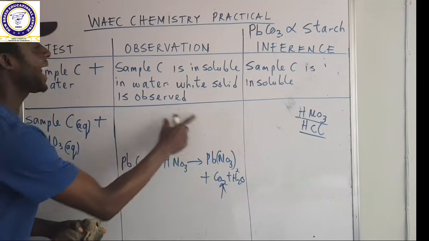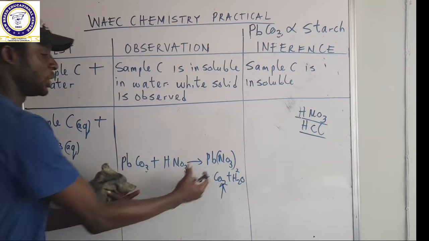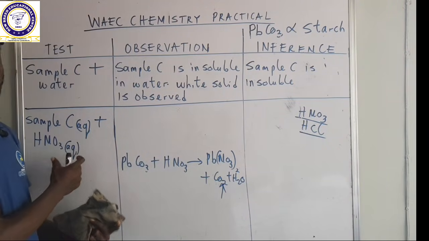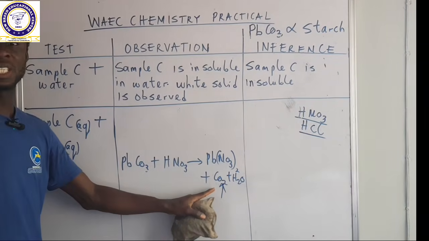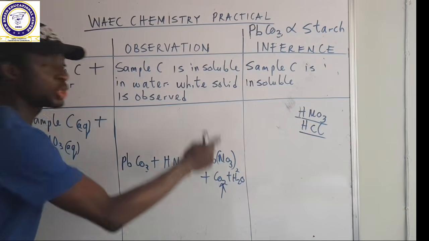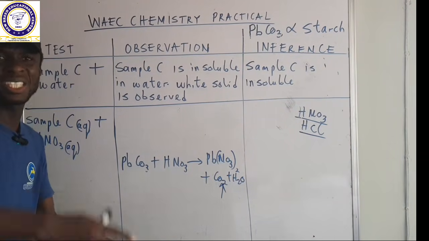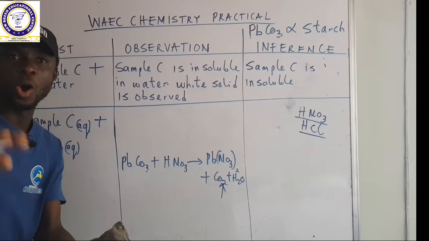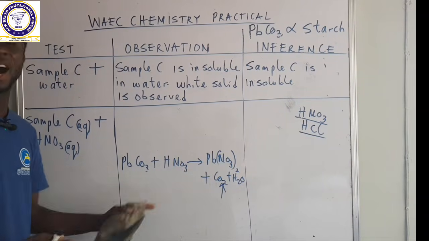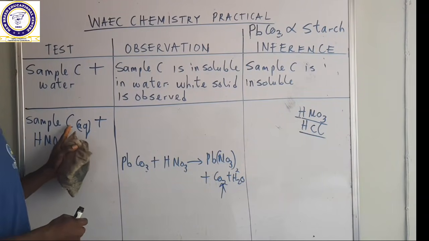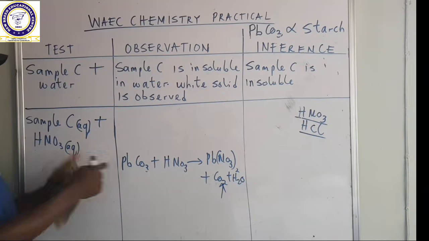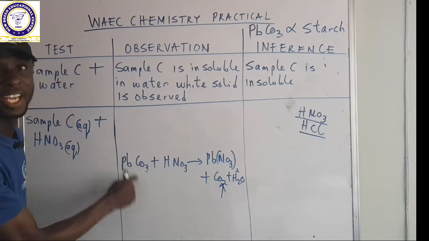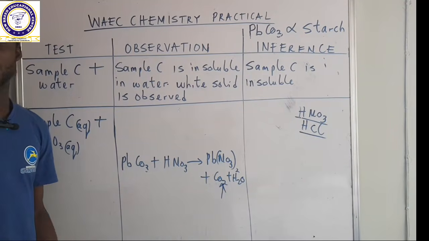So what you are going to see as your observation is this substance, our lead carbonate that is insoluble, becoming soluble. The next thing we are going to see is an effervescence of a gas, which is CO2, coming out when we add this acid to this test sample, because our sample C contains carbonate ion. So we already have an observation there.